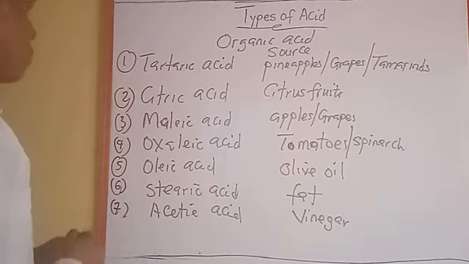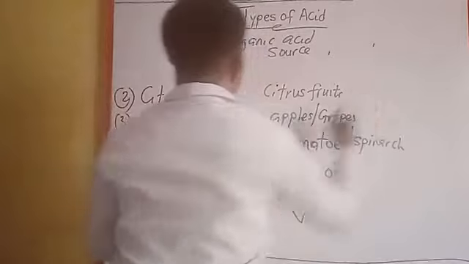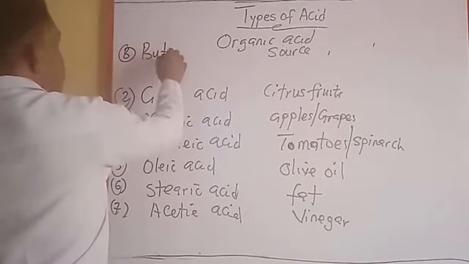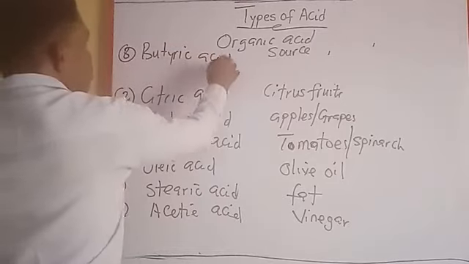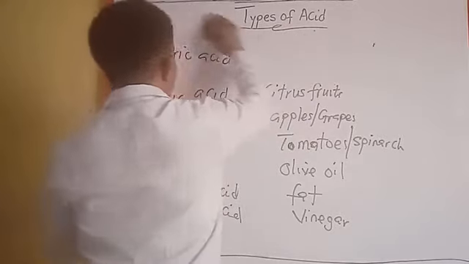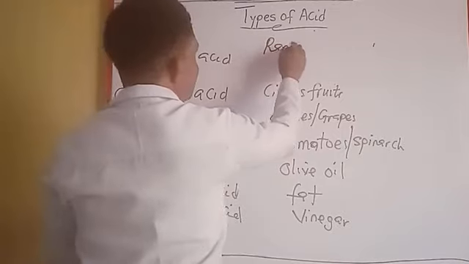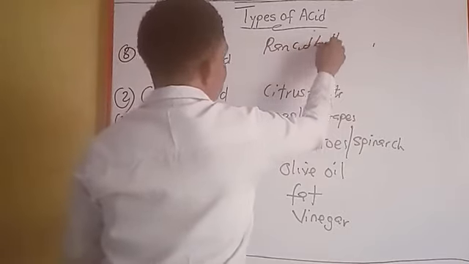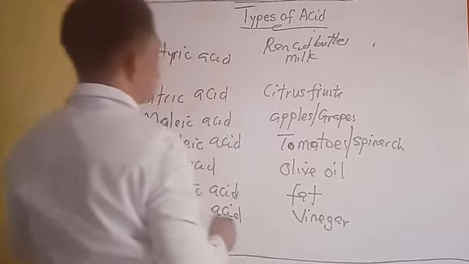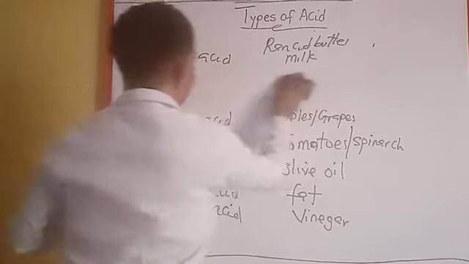Number eight, we have butyric acid. Butyric acid is an organic acid and it can be found in rancid butter or milk. Number nine, lactic acid.